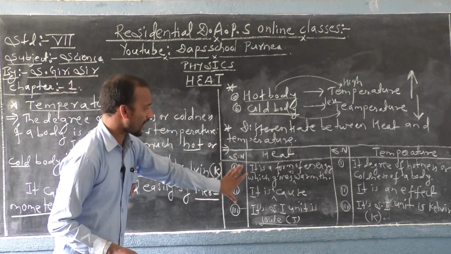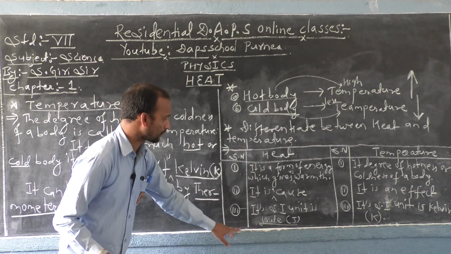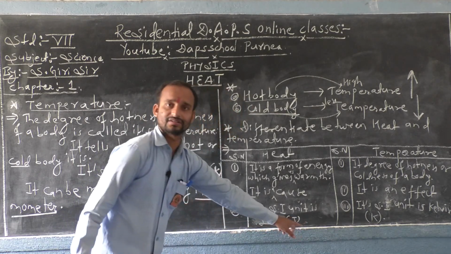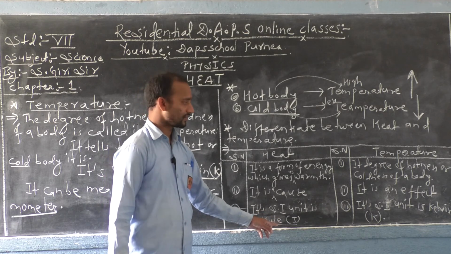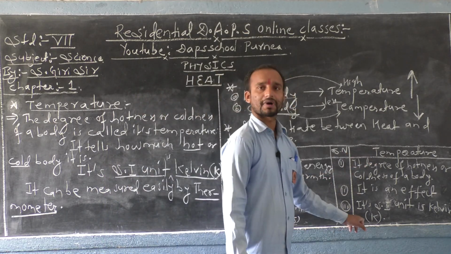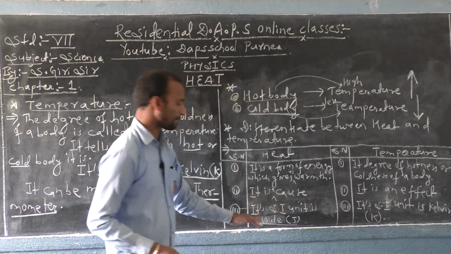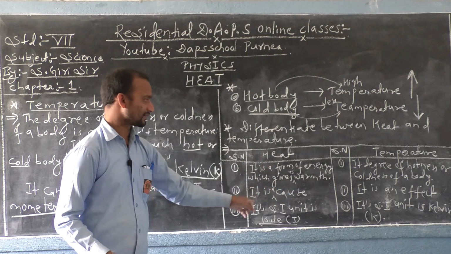If it is asked in your examination, you can mention point number 4: heat energy is measured by the calorimeter and temperature is measured by the thermometer. That can also be the fourth difference in that column.